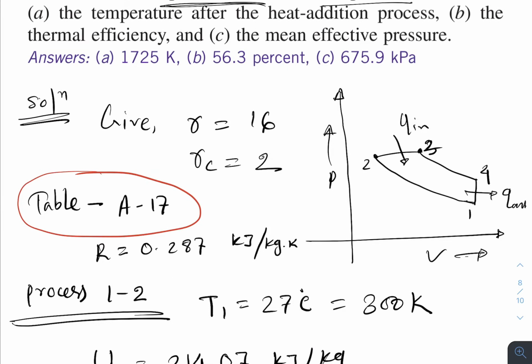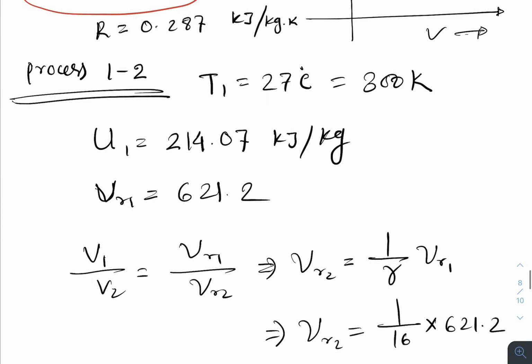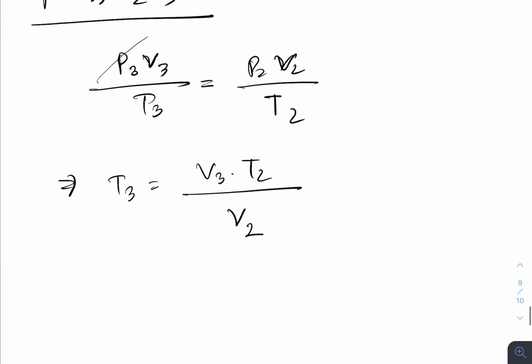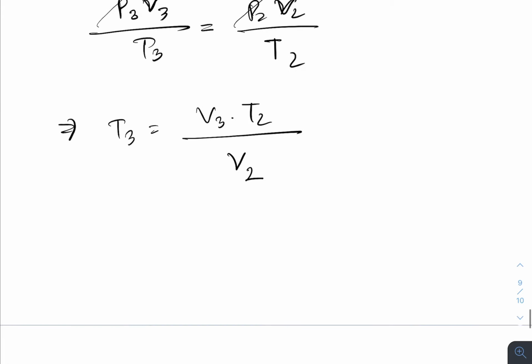P3 and P2 are the same, so they are omitted. Basically it becomes rc times T2.